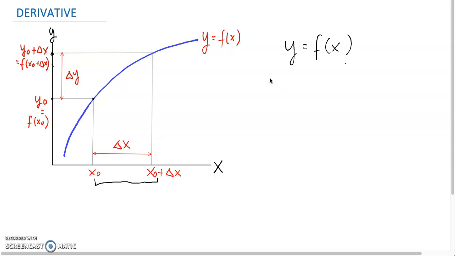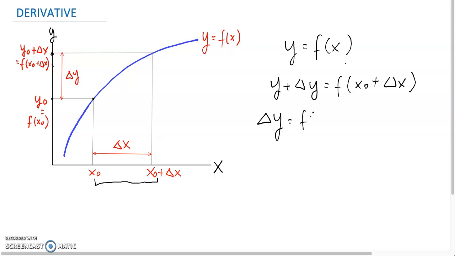Now we can see that y null plus delta y is just the result of f(x null plus delta x). And we can rewrite delta y equals f(x null plus delta x) minus f(x null). I should write this as y null. Why? Because we know that y null is just equal to f(x null).